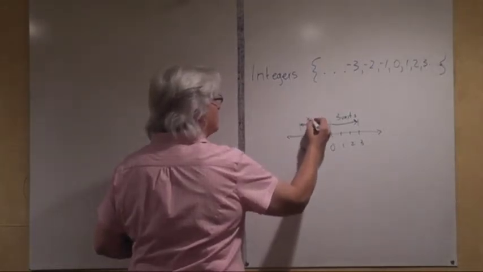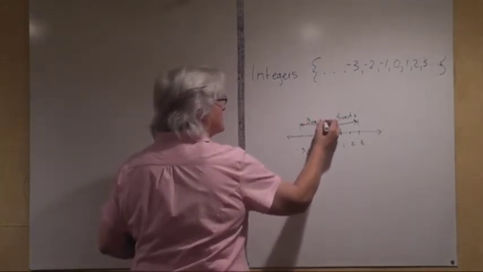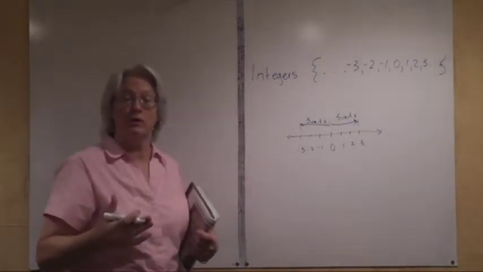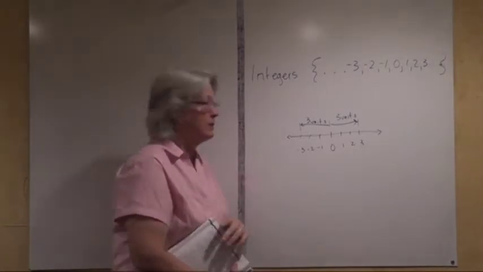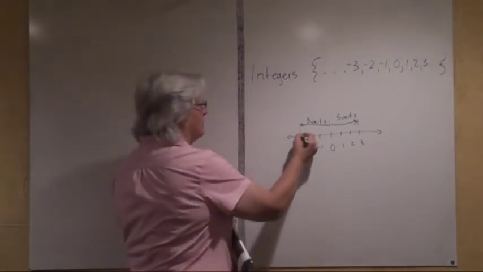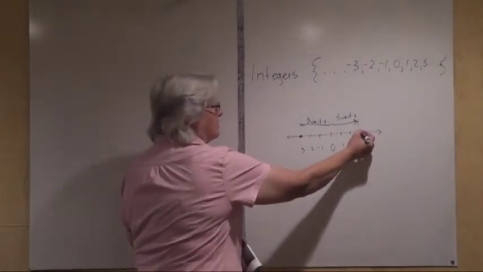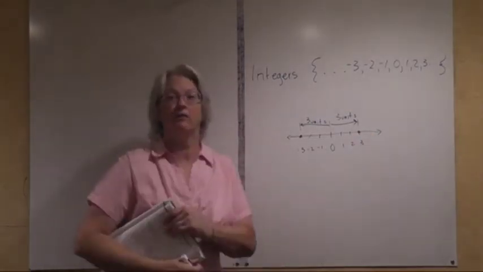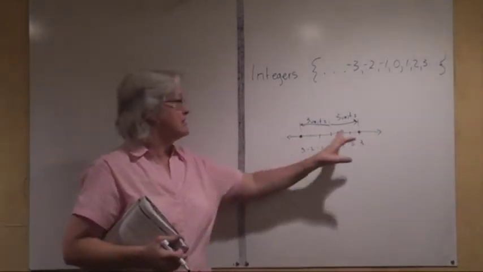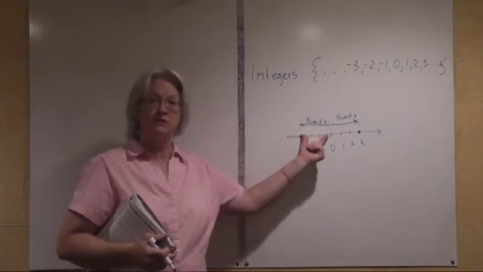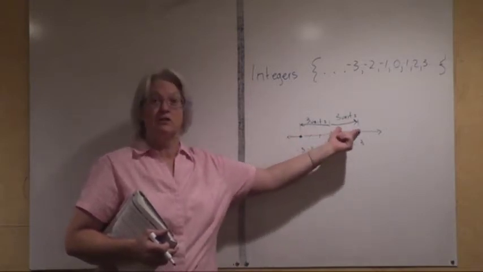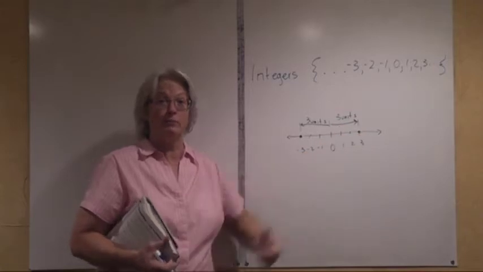That's also 3 units from 0. But we don't have the same value here, do we? Right here we have a negative 3, and here we have a positive 3. But we see that these two different numbers are the same distance from 0. They're just going in different directions, right?